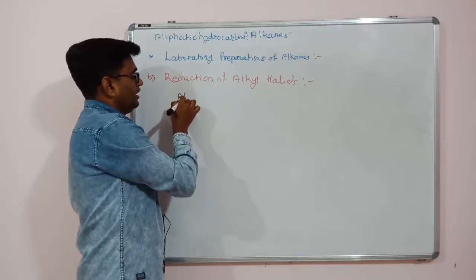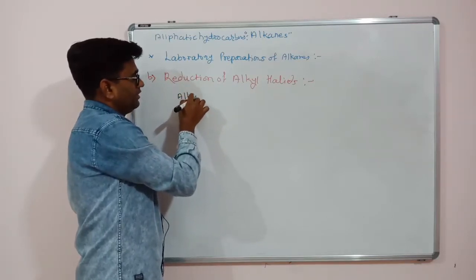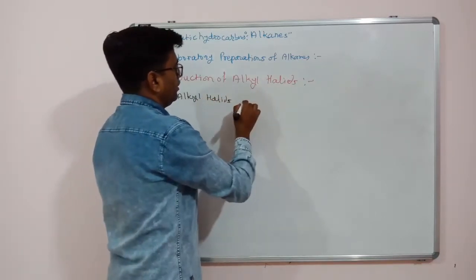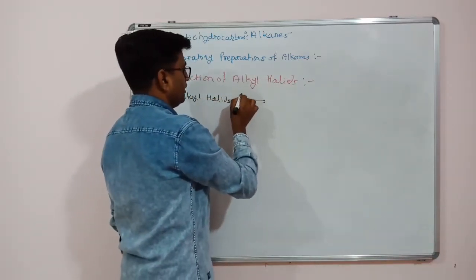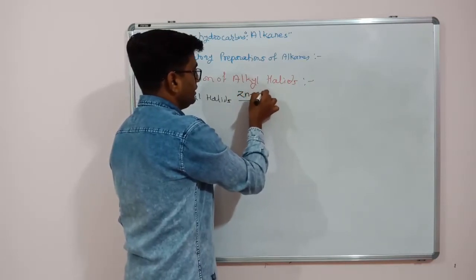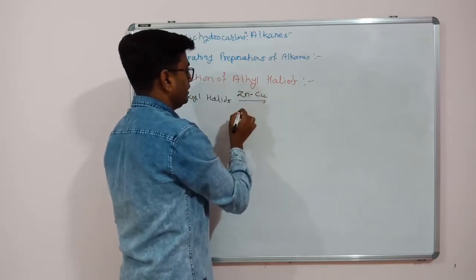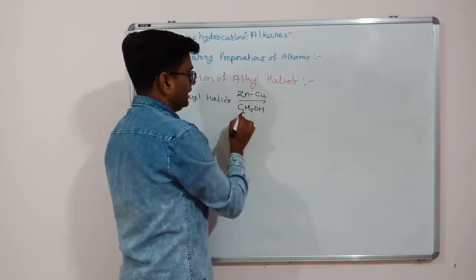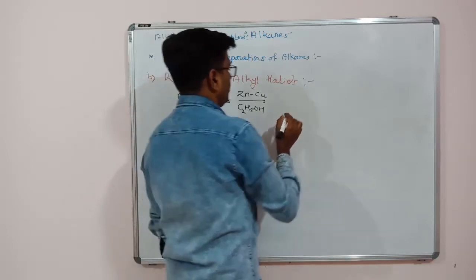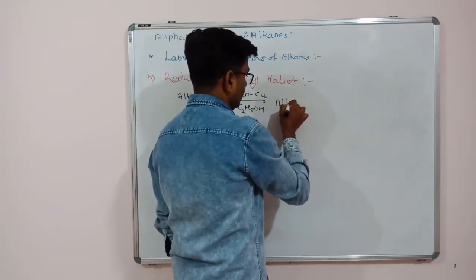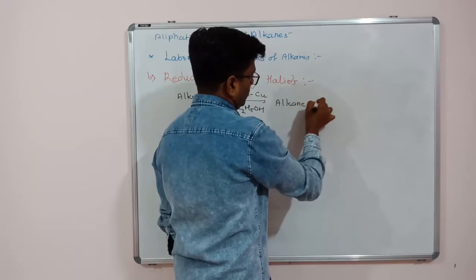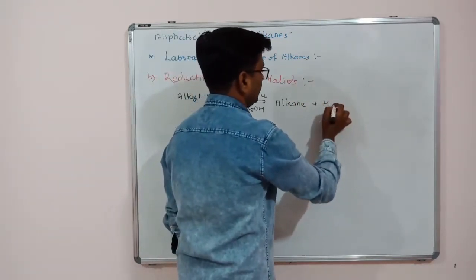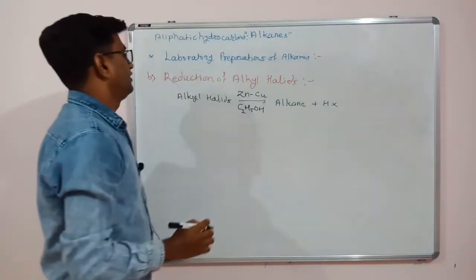In short, alkyl halides on reacting with ZnCu, that is zinc copper, in presence of C2H5OH ethyl alcohol, we will get alkane plus HCl or HX, whatever that halide is, right?